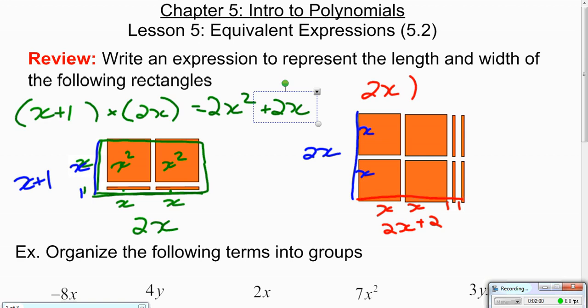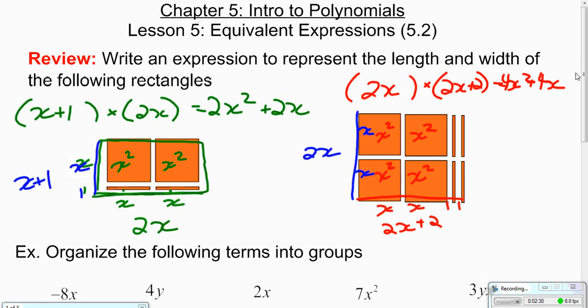So 2x times 2x plus 2 gives us 1, 2, 3, 4x squared plus 4x's. So just thinking of rectangle area as length times width, that kind of thing. So that was kind of what we did a little bit in lesson 4. We're going to keep building on that idea.